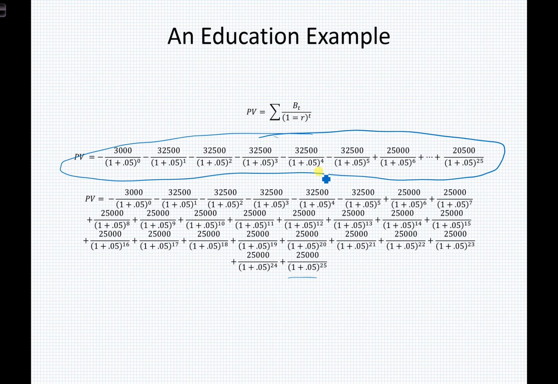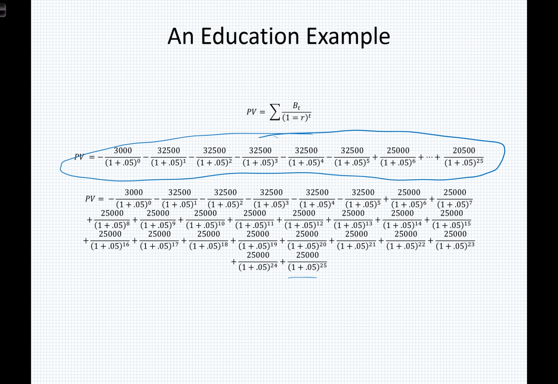So kind of a general form of my equation can look like this equation I've circled, but if I go ahead and expand this to every one of these terms for years 0 through 25, I'll have a separate term for each one of those years with that year's exponent giving us a representation for time.